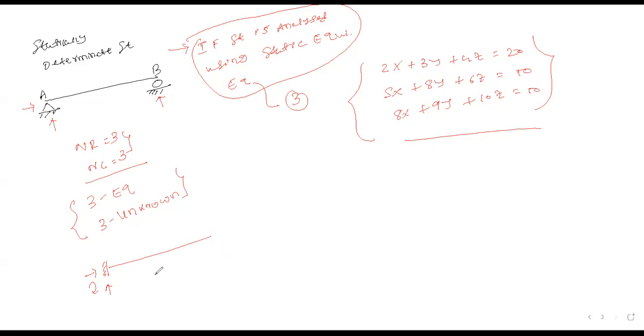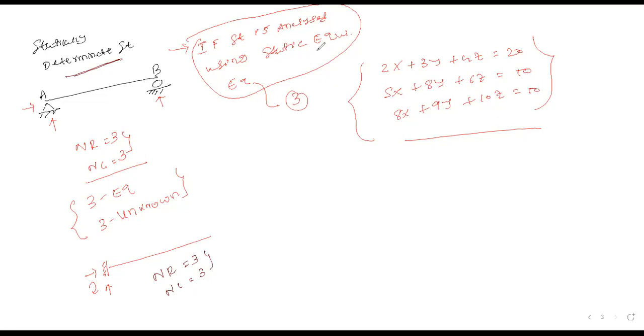So again, in this case, the number of reactions or unknowns is 3. The number of static equilibrium conditions is 3. So can I say it is also capable of being analyzed using the static equilibrium equations? So this is a case of a statically determinate structure. You are right, that was wrong because there was no support there.